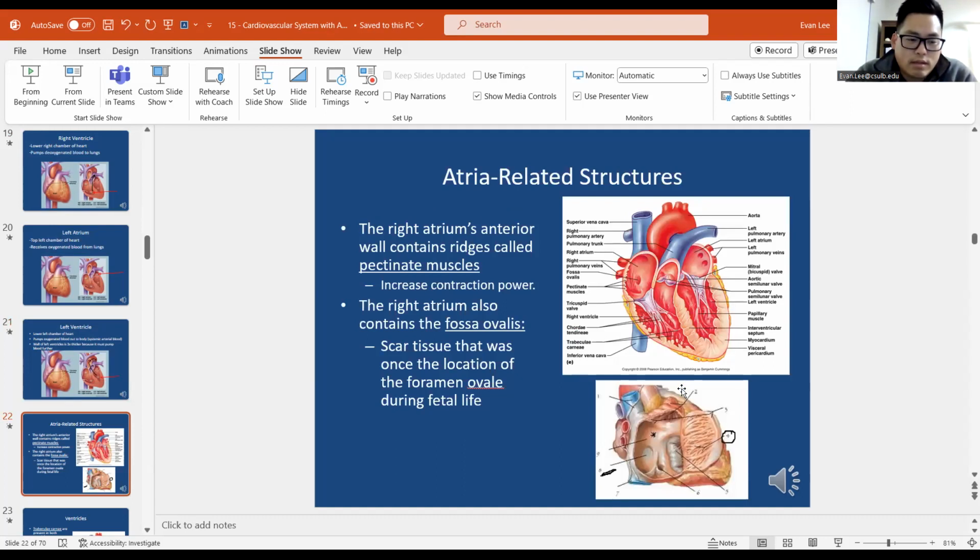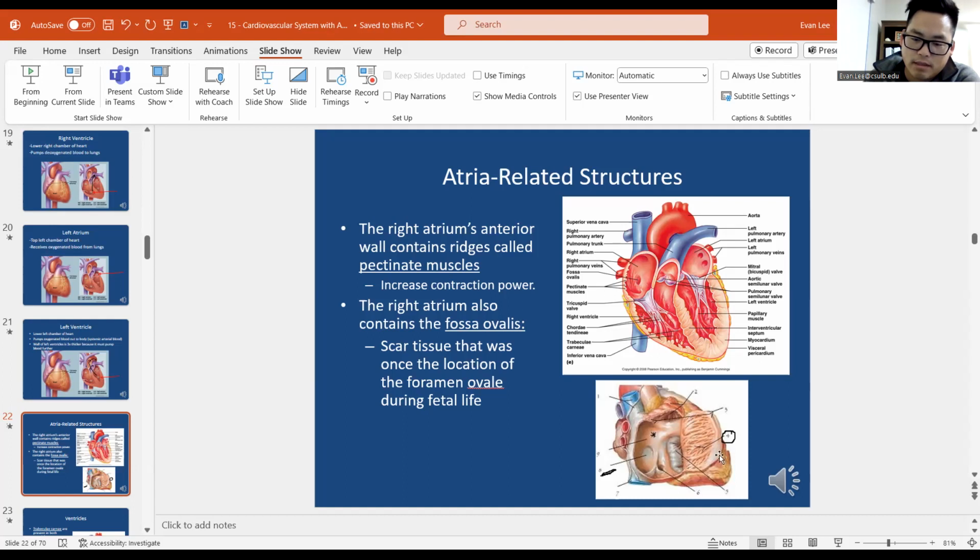Now, there are some additional structures that are internal that we should look at as well, and the first of which are regarding the atria. If you look closely, the atria are your 2 top chambers. But if you recall, you have these flaps on the atria that are external called auricles. This right here would be the auricle, and on the inside of the atrium, you can see that you have these lines here.